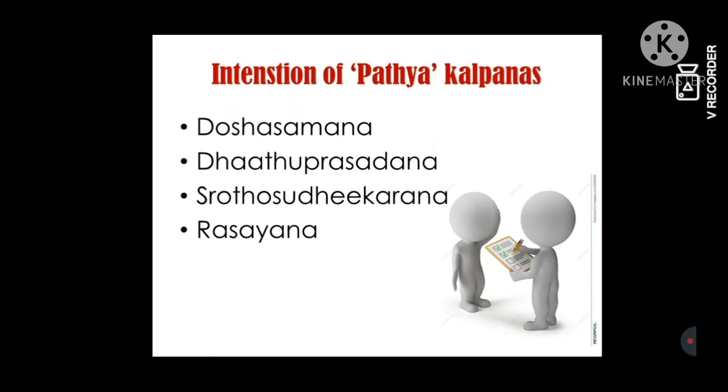While you are giving a kapha-pitta shamana drug, at the same time, the food items the patient is using most should also have the property to reduce kapha-pitta. The food items should do anulomana, and along with that should have the property of dosha shamana, dhatu prasadana, srotoshuddhikarana, rasayana.